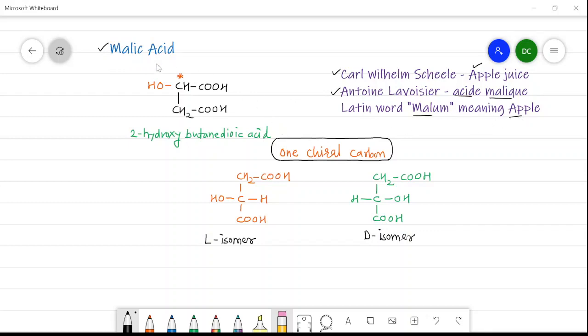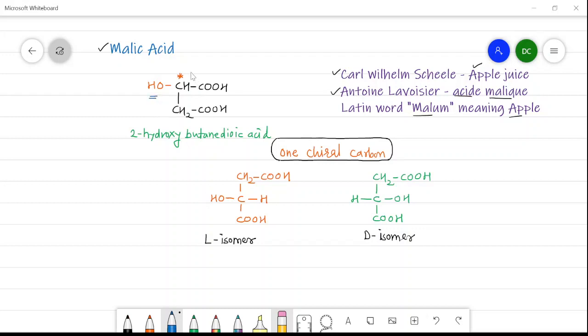Now the structure of malic acid is such that the carbon is attached to four different groups: hydrogen, OH, COOH and CH2COOH. Therefore, this carbon is a chiral carbon, and there is one chiral carbon. That's why, according to the rule, we get two isomers. Now in this malic acid, there is an OH group.